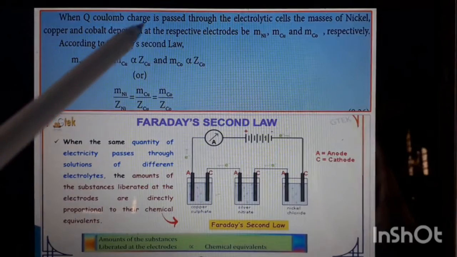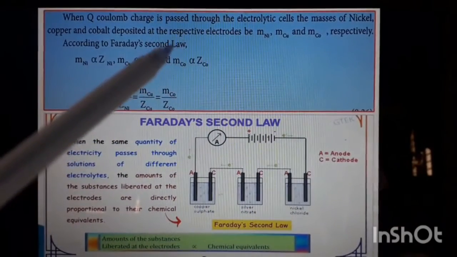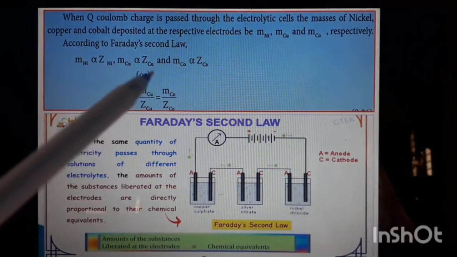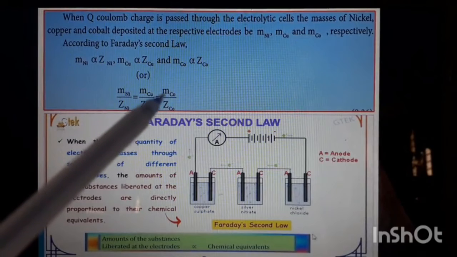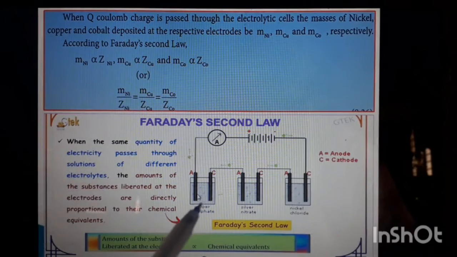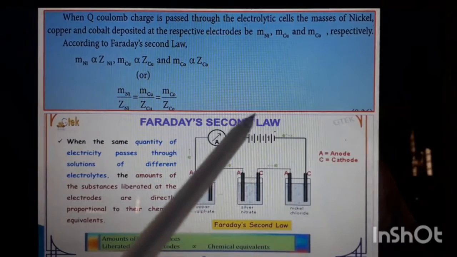Q coulomb is passed through the combined cells. The first cell, second cell and third cell are connected to each other with one source, that is one battery.